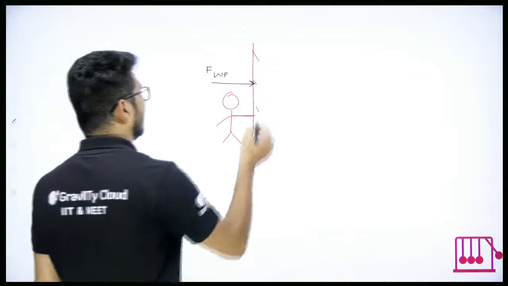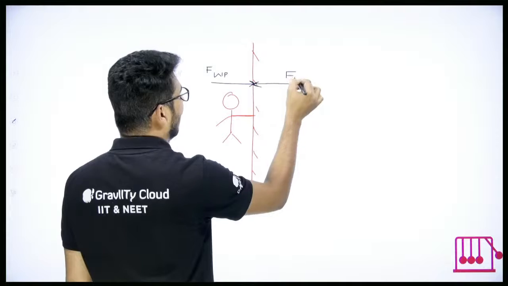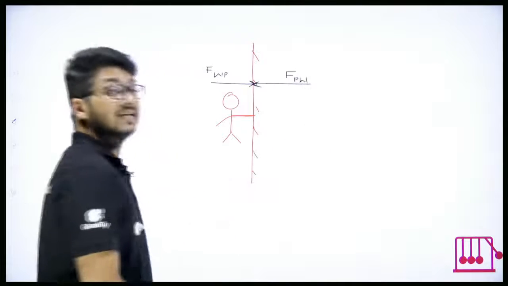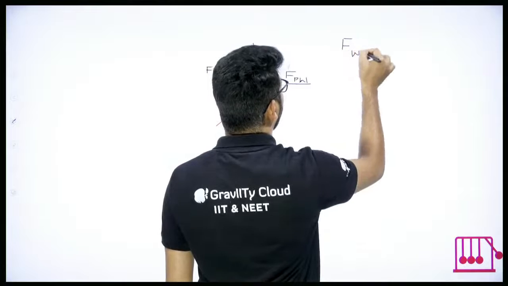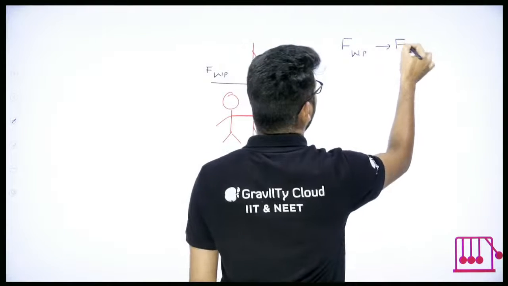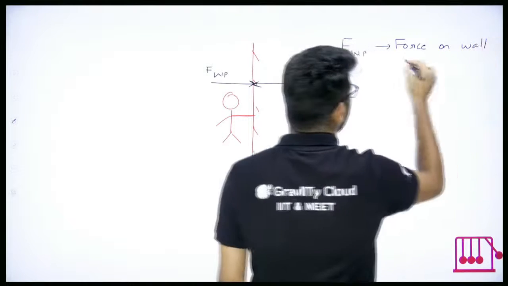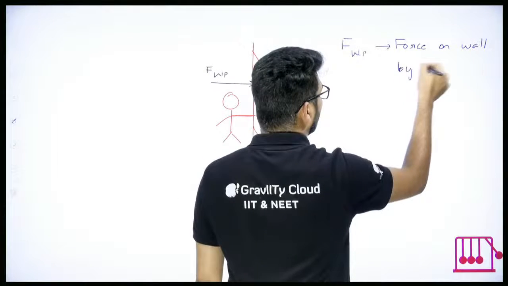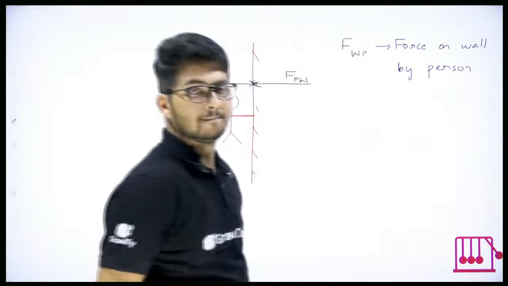Then that means there will be another force which is equal and exactly opposite. And it acts on the person. And who applies that? The wall applies it. So understand this. When I write it as FWP, what does that mean? First comes on, so force on wall. Second comes person, so force on wall by person. Clear?